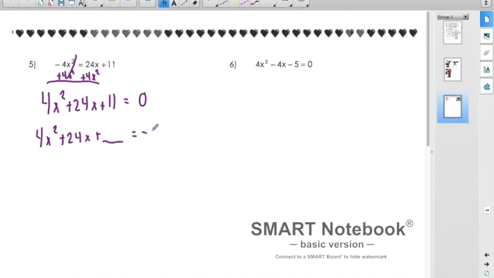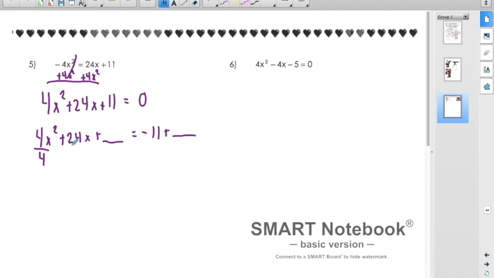Equals negative 11 plus that same blank. Following the procedure on the front page, I can't complete the square yet because there's a 4 out in front. So that means I'm going to have to divide each piece by my value of a, which is 4. So I'll divide this by 4.